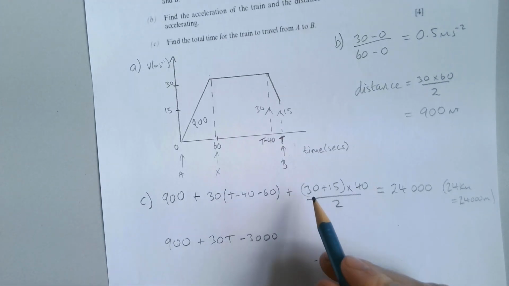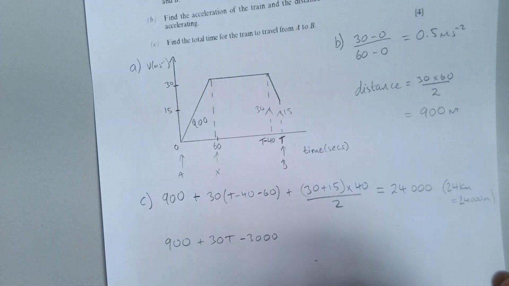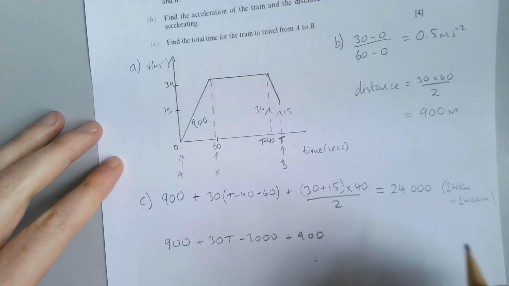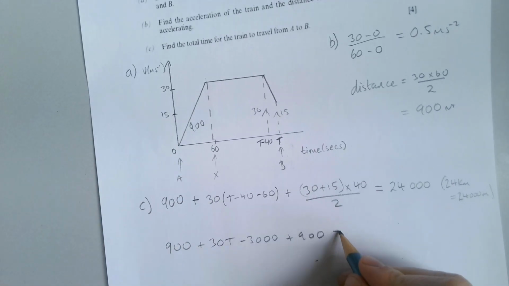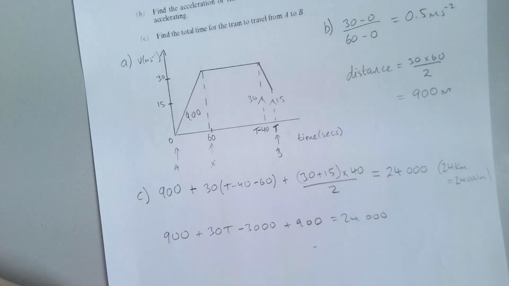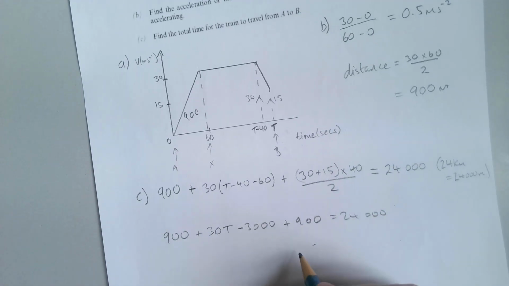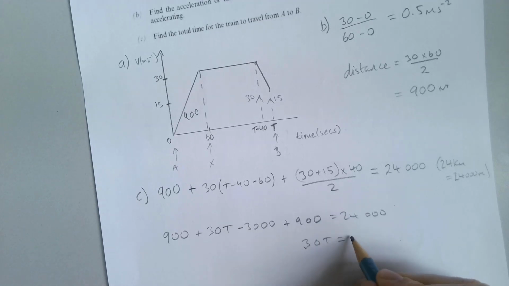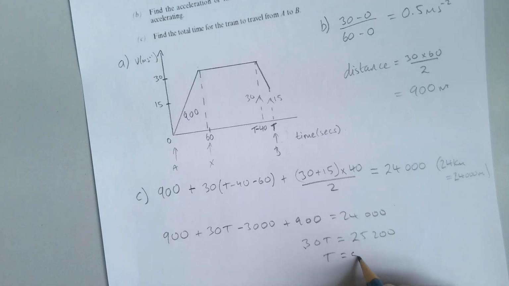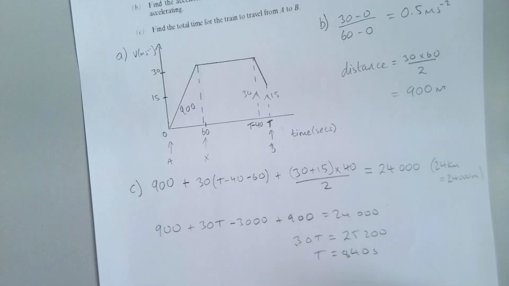Here, 30 plus 15 is 45, times 40 is something, divided by 2, I'm just going to tell you, is 900. And then that is equal to 24,000. So sorting all that out is going to give us 30T equals 25,200, and then dividing both sides by 30 gives you 840 seconds.